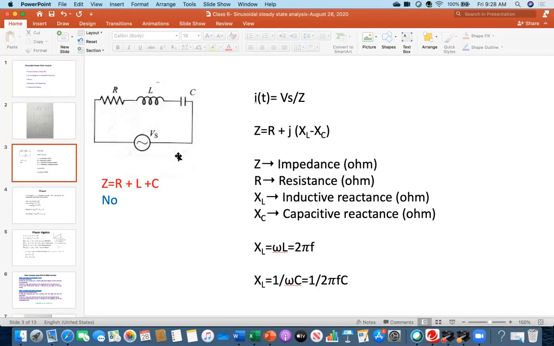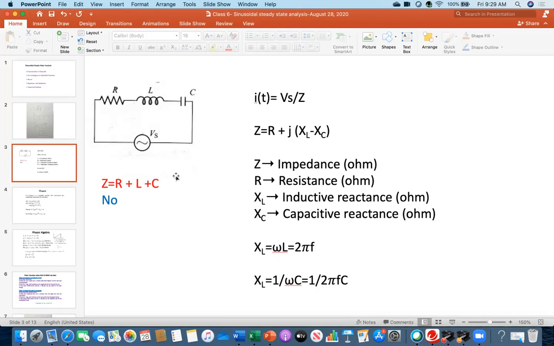So now the question I am asking you is, what should be the current expression for this circuit? You see, I have written, will you add R plus L plus C in that way and give a new name, for example, the combined impact is G? Will you do it that way, and then I equals Vs over that number?